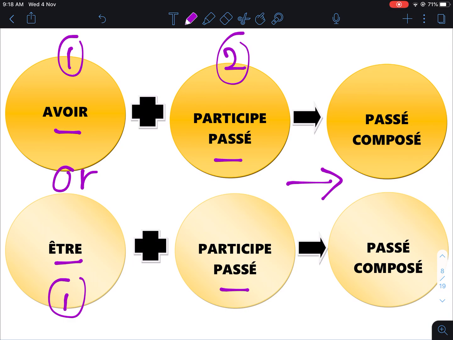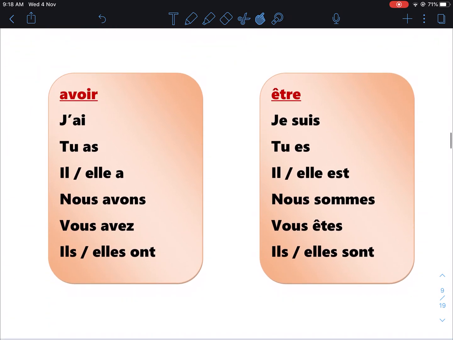Alright? I have explained in detail which verbs are using auxiliary avoir and which are using auxiliary être. So now, let's look at the verb avoir and être, which will be used as auxiliary to the passé composé.